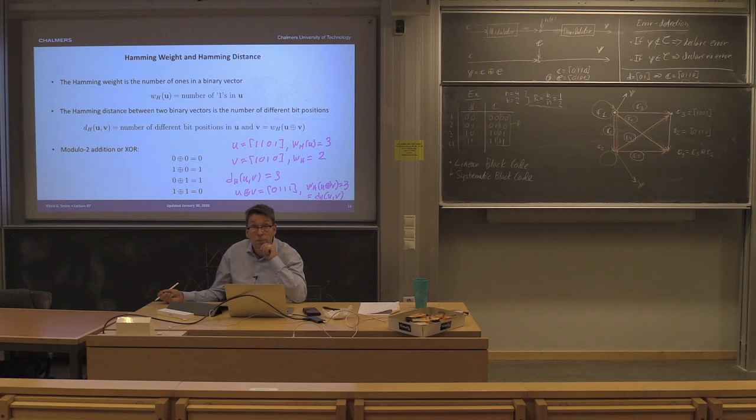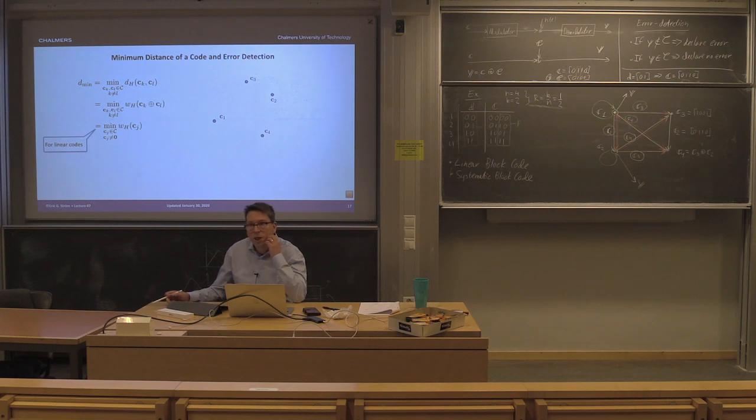Okay? All right. So Hamming distance is like Euclidean distance when we have real vectors in 3-dimensional space or 4-dimensional space or whatnot, but the Hamming distance is tailored to binary vectors. So it's a distance metric.